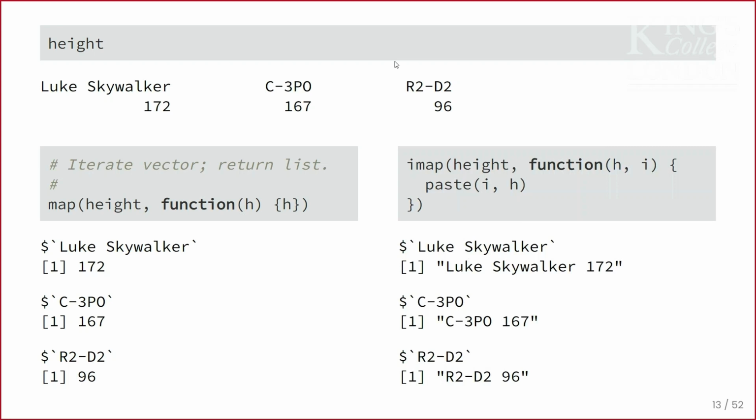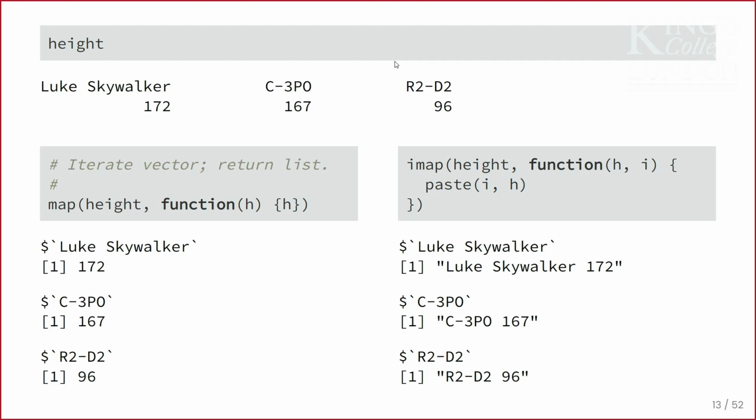What about imap? Well, now with imap, we need to have a function of two variables, and those variables serve a very specific purpose. The first one is for the data, but the second one is for the index. So from within this function, we can reach up and pull the index into the function as well.